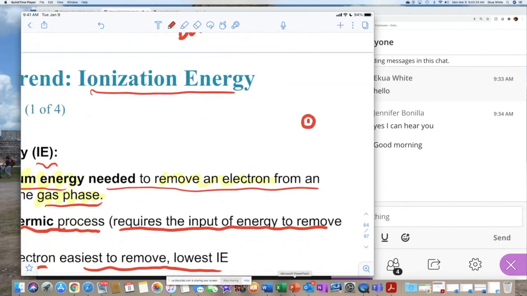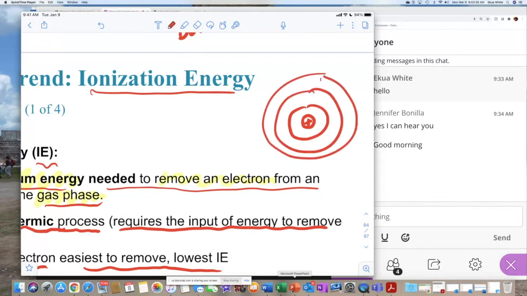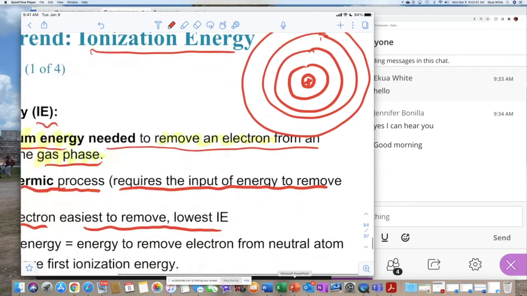We have the nucleus that's positive, and you have the different energy levels. In my head, I visualize a concert hall where the stage is in the middle and the concert hall is circular. So you have the valence electron, the one that's very close to the edge. It's easier to remove.